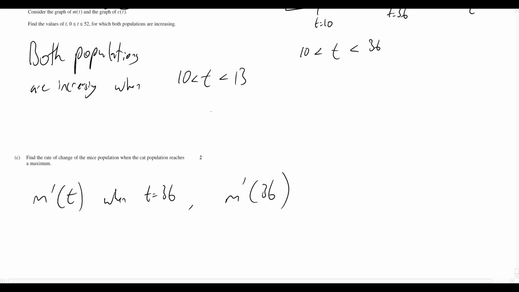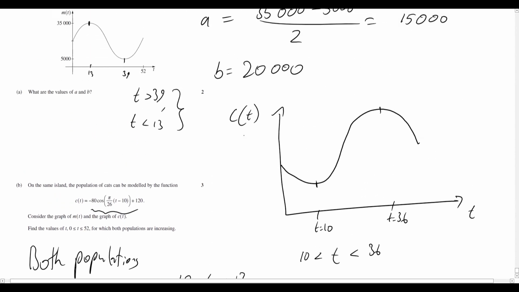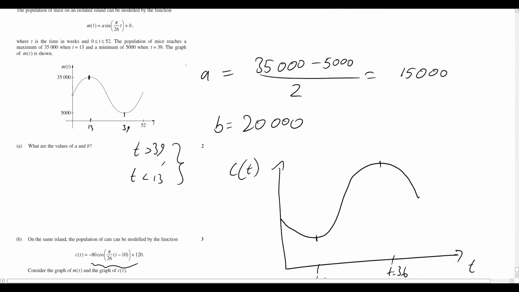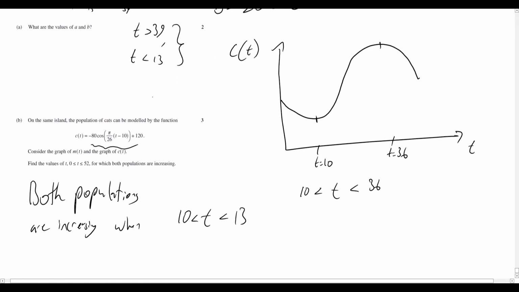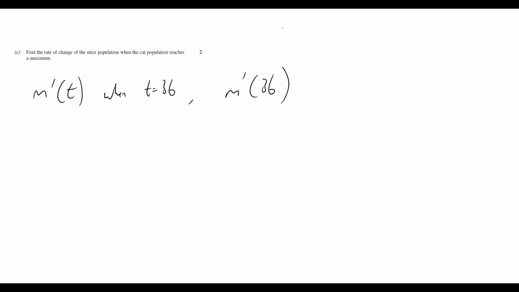So let's go back and look at our original function. So we know that the mice population is equal to 15,000 sine of pi over 26t plus 20,000. So let's quickly write that down first over here. So we'll say m of t equals 15,000 sine of pi on 26t plus 20,000.